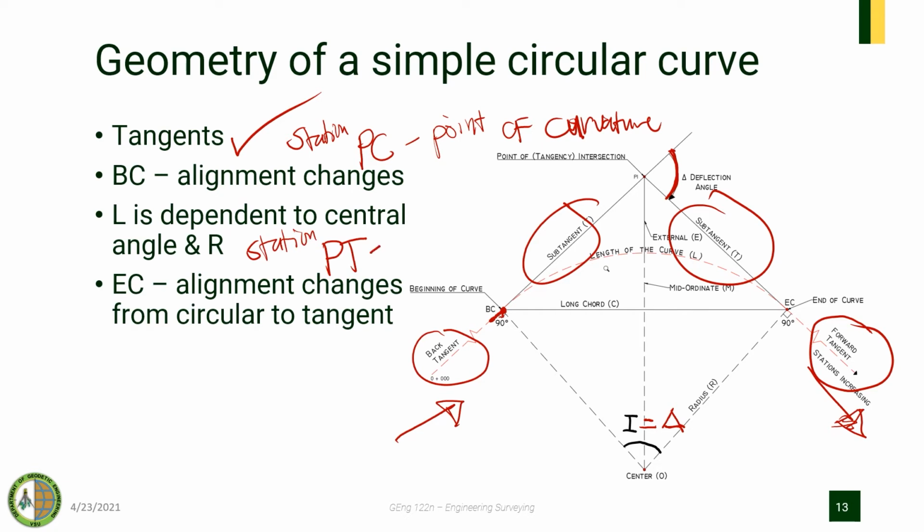PT means point of tangency. At this point, the curve ends, and now you are going back to a straight line, which is tangent. That is why it is called point of tangency.